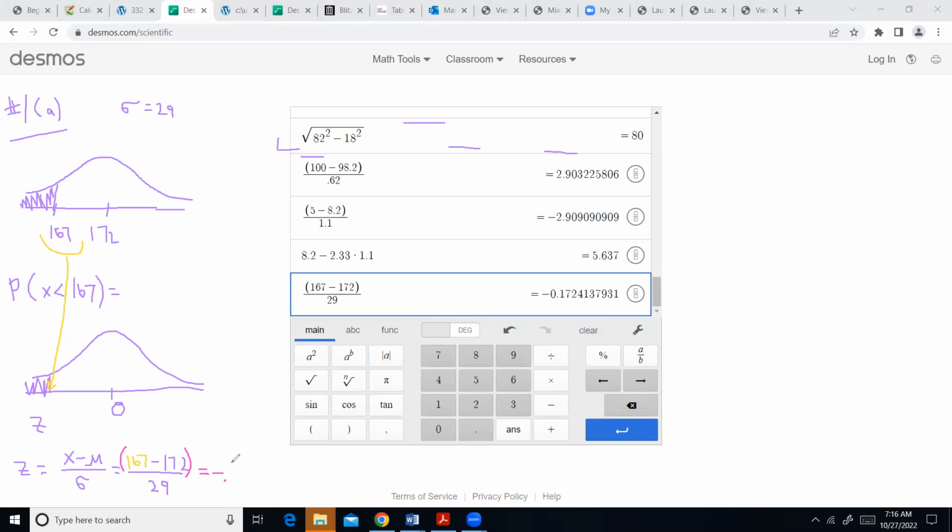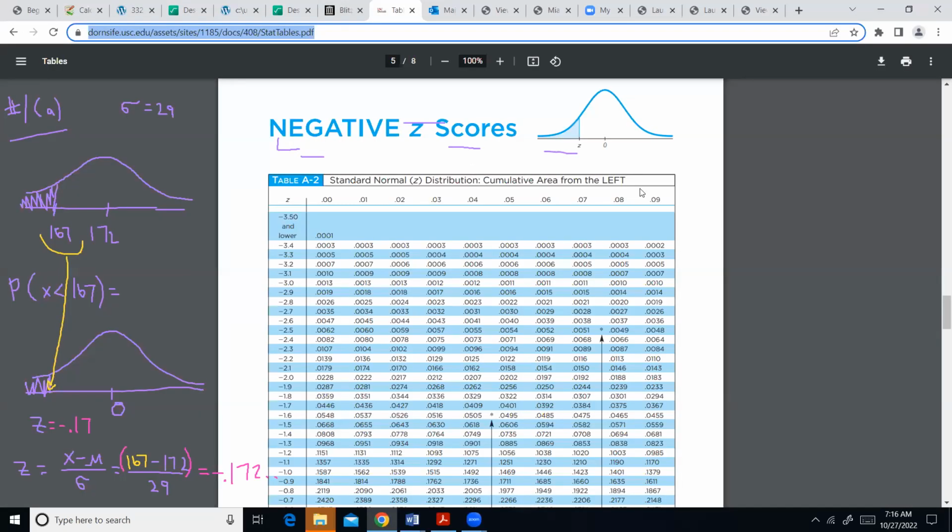So approximately the z-score is negative 0.17, right? 0.17 is what I'm going to be looking for in these tables.